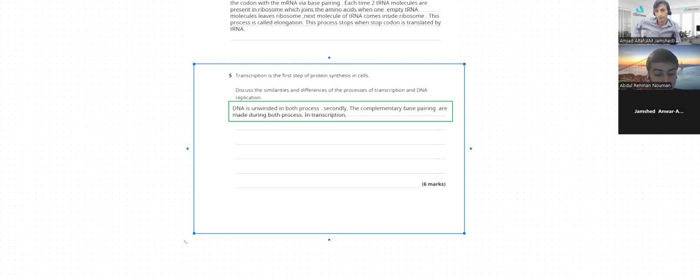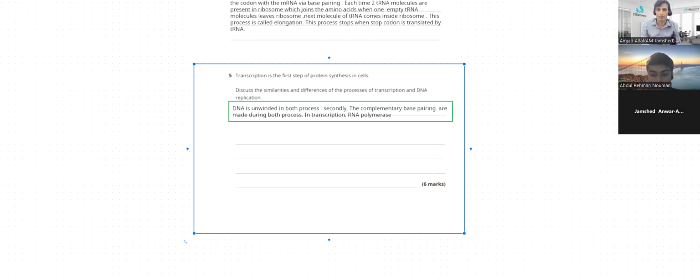So I'm writing that RNA polymerase is used in transcription and DNA polymerase in replication. The point is that both processes are catalyzed by enzymes. One more similarity that can be added: both processes take place in the nucleus of eukaryotic cells.